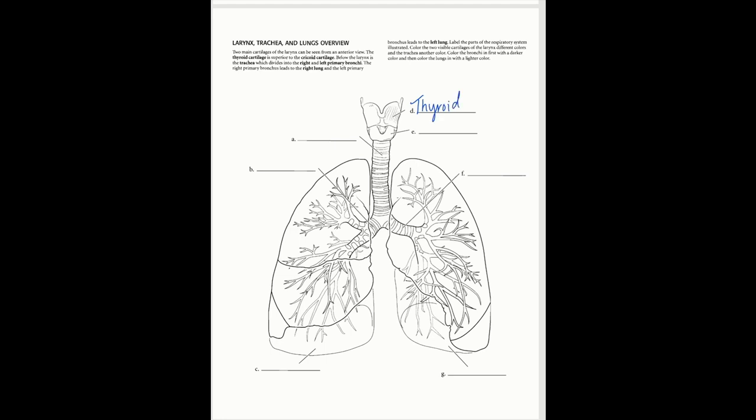It's not pictured here, but this is where the thyroid gland is going to rest against. And below that, at E, we have what's called the cricoid cartilage. If we hop over to A, we have the trachea.